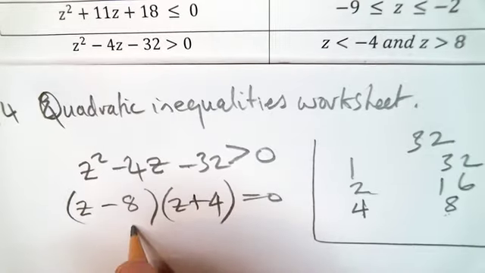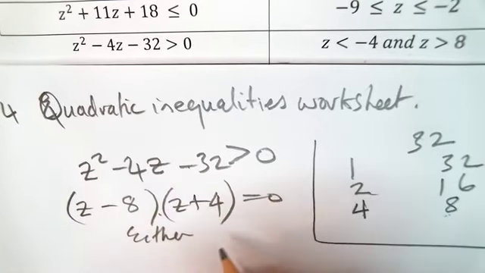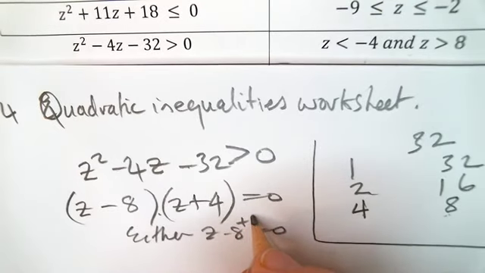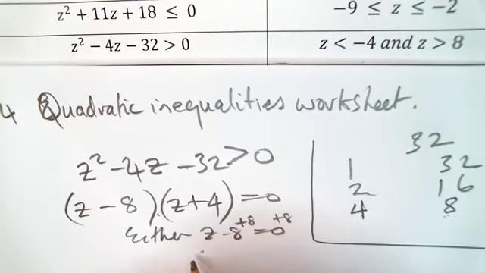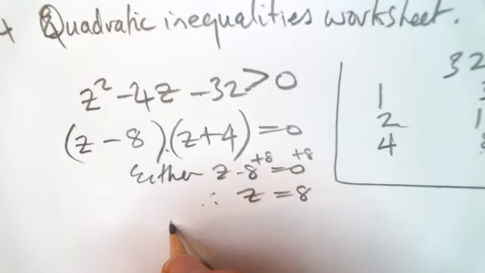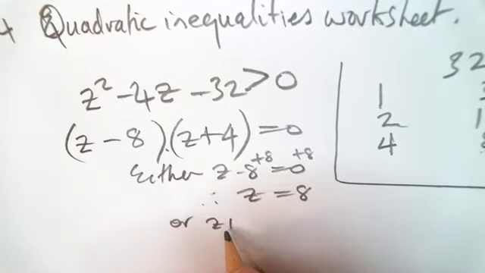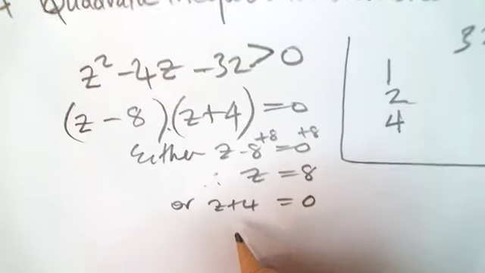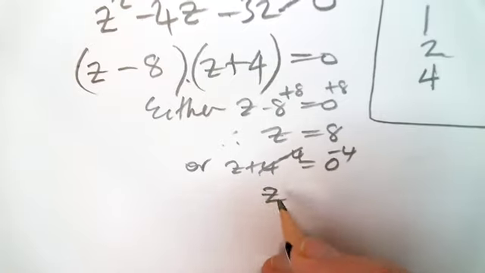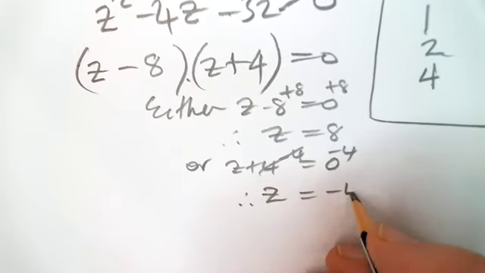So we can say either z minus 8 is 0, and I'm going to add 8 to both sides. Therefore, z is equal to 8, or z plus 4 is equal to 0, and I'm going to subtract 4 from both sides. There it is. So z is equal to negative 4.